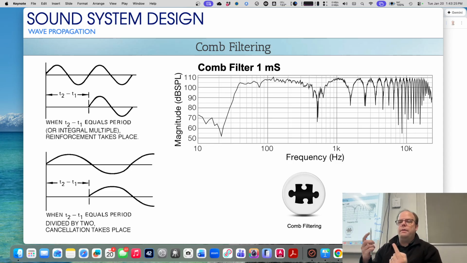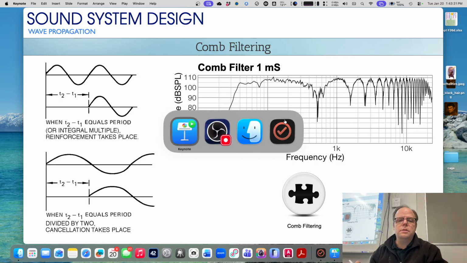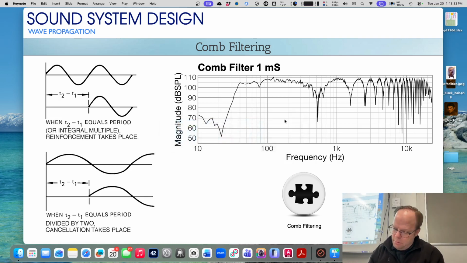So when you have that difference in time, which is what this is representing, and if that time represents the period, meaning the amount of time it takes for that frequency to complete one cycle, then that sound gets reinforced.